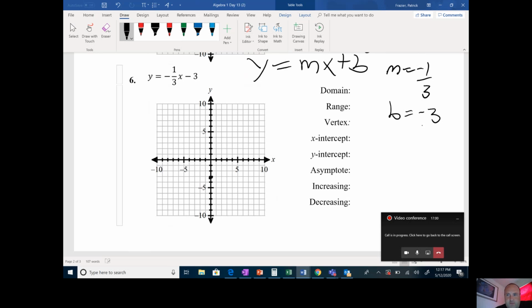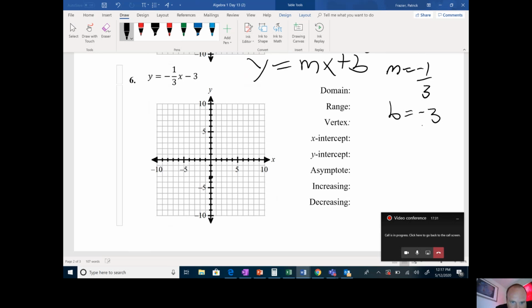And again, because the slope is negative 1/3, that means we go down 1 and over 3. So we still move to the right as we move from x equals 0 towards x equals infinity, conceivably, as long as there's not some sort of vertical asymptote that would stop us from doing so. Anyway, as we move to the right, we move 3 units to the right, but we go 1 unit down.